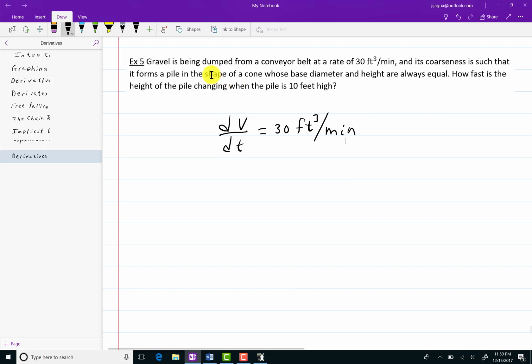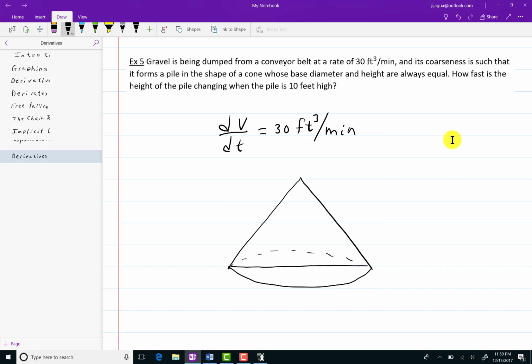And we have the shape of a cone whose base diameter and height are always equal. So I'll have something like this. Here's my cone. So this height, or that diameter and this height, are the same.